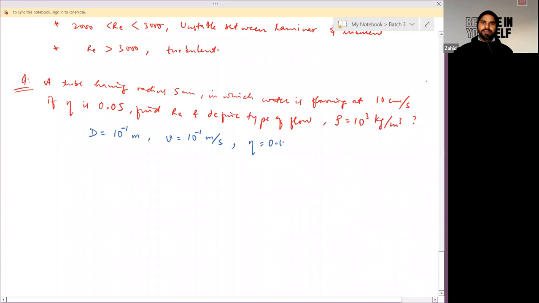Eta is 0.05 Pascal second. And rho is 10 to the power 3 kg per meter cube. So just use the formula Re equals rho Vd by eta. Put all the values in this equation and simplify it.